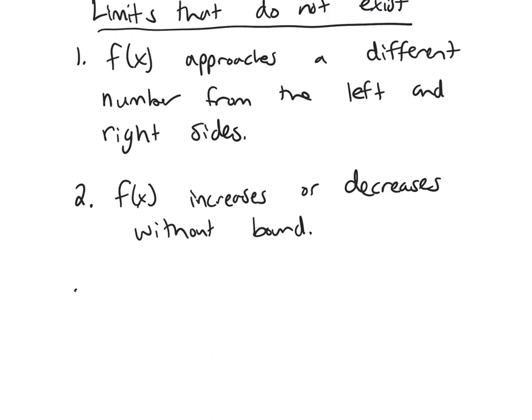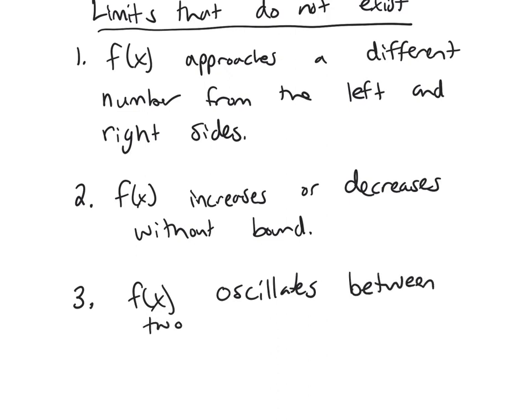And the third possibility, we're not going to see an example of this, but it could be that your function oscillates between two fixed values. And so that would be another reason that the limit would not exist.